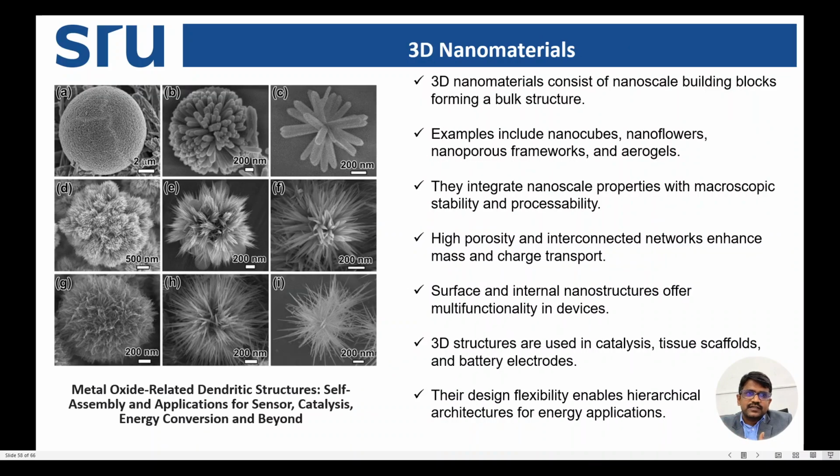If you see here, these all look like nano needles, and within the needles we can find porous structure. This one is also a kind of flower structure, and within it we can find porous structure.